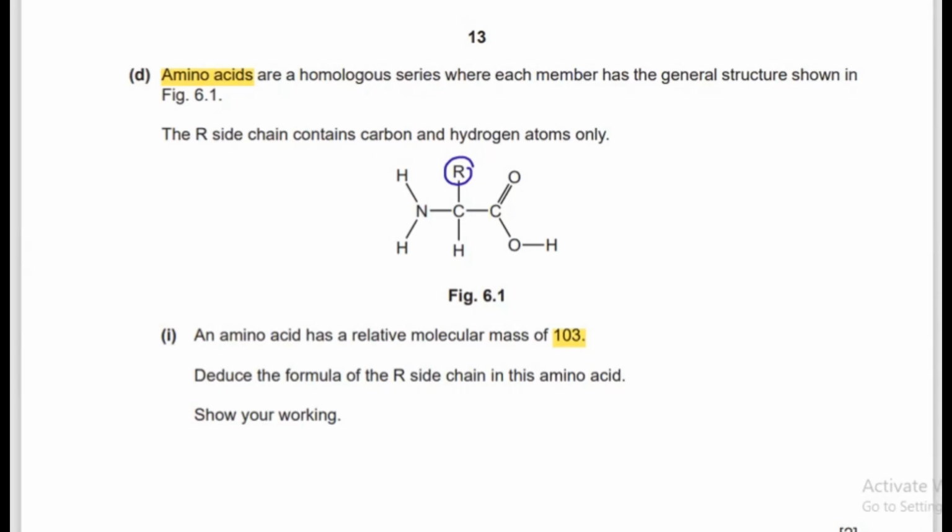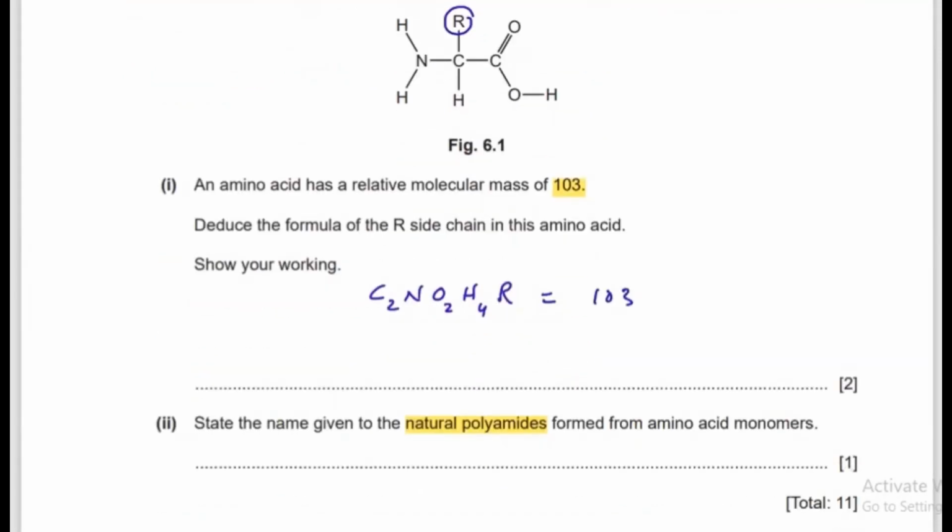So if we count all the carbon, hydrogen, and oxygen, how many carbons are there? There are 2 carbons, and then 1 nitrogen, 2 oxygens, and 4 hydrogens, and then 1 R, equal to 103. So this is 24, this is 14, this is 32, this is 4, plus R is equal to 103.